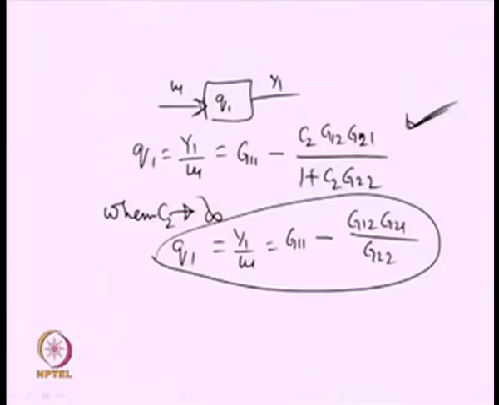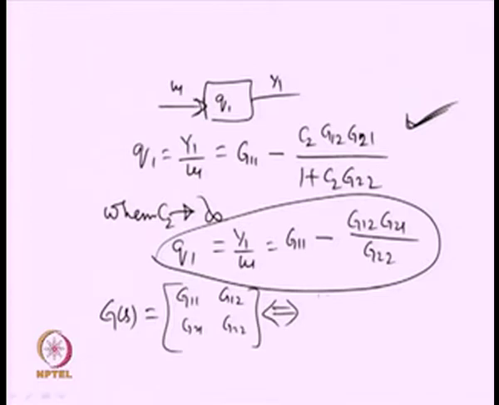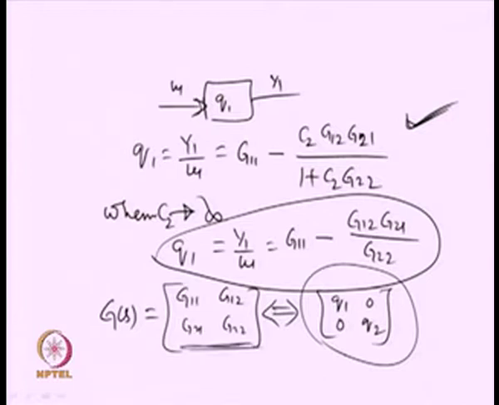The equivalent dynamics: for G(s), the dynamics was given by G11, G12, G21, G22. Now its equivalence will be given by a transfer matrix of the form Q1, 0, 0, Q2. Okay. So, once it has been possible to convert this TITO dynamics into this equivalent diagonal form, it will be very easy to extend the relay feedback technique we have described for the single input, single output system.